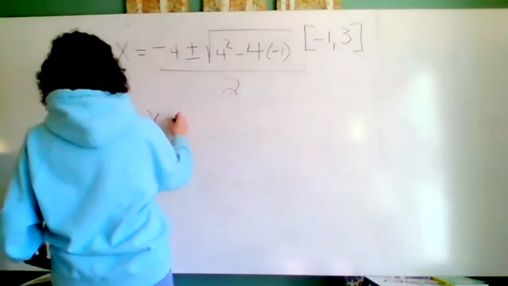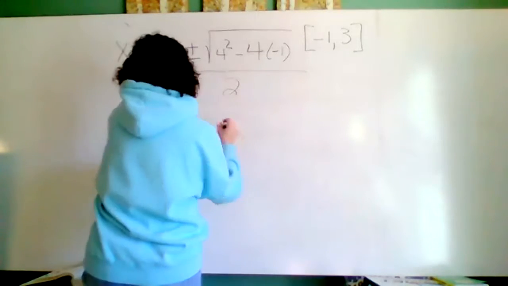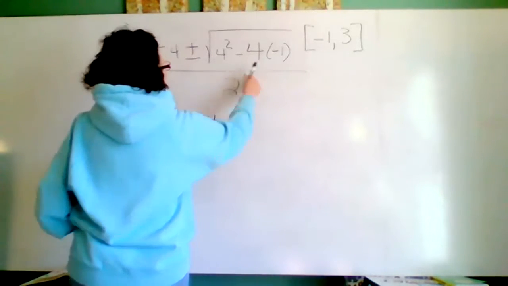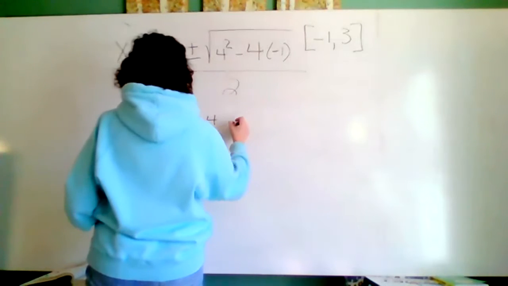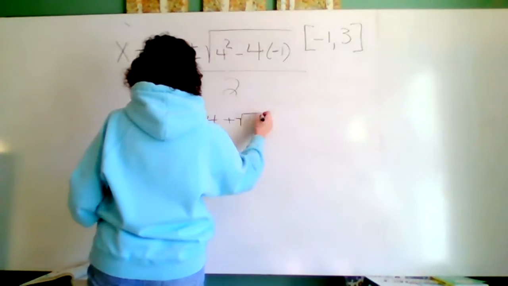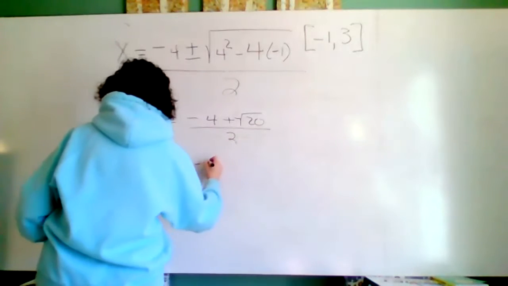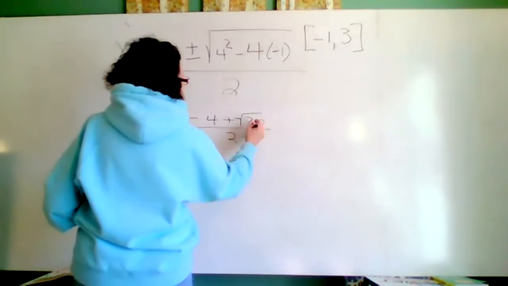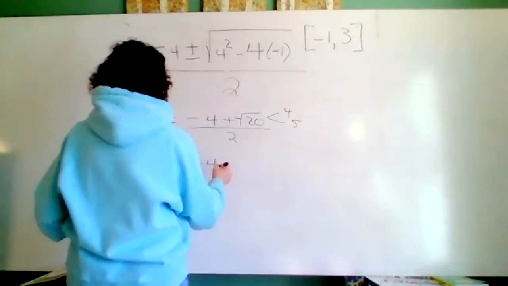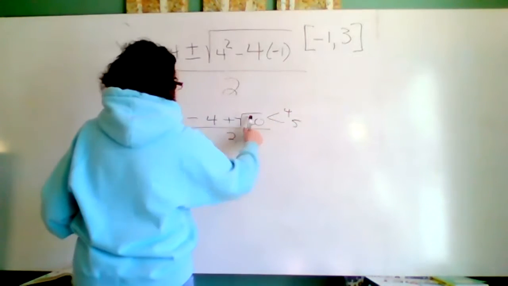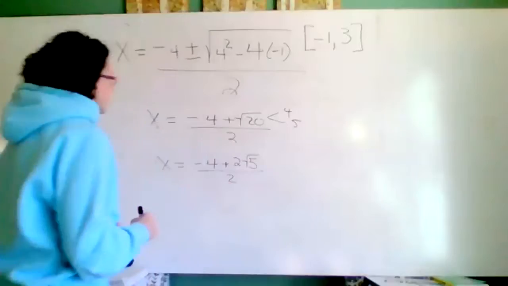So I get x equals -4 plus or minus the square root of 16 plus 4, which is the square root of 20, over 2. Then, of course, this is 4 times 5. So -4 plus or minus 2 square roots of 5 over 2.